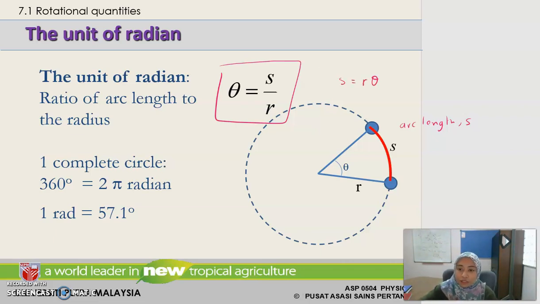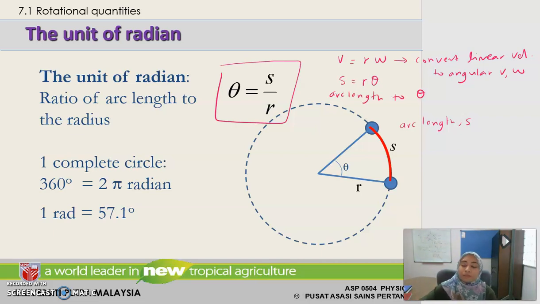Remember, we also had an equation that looks similar to this, which is v equals R omega. But that one converts linear velocity to angular velocity, which is omega. This guy is arc length to theta. So you need to know the radius of your circular motion.